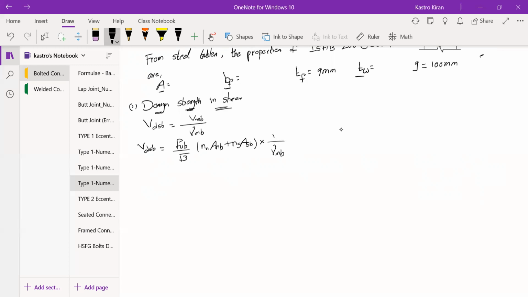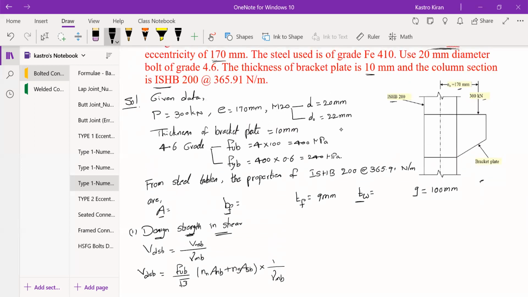Now if you check, the type of joint given is a lap joint. How am I able to tell it is a lap joint? A column section is there, this is the column section, ISHP 200. On the column section, we are overlapping the bracket plate. So here you are technically doing a lap connection.